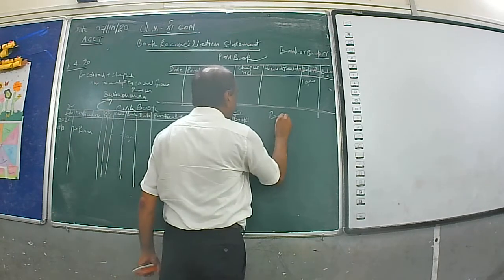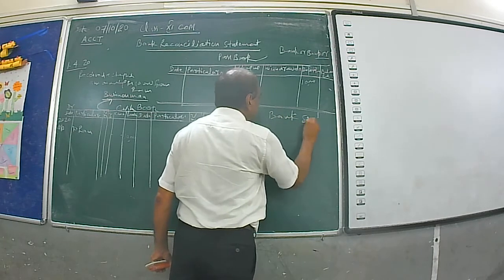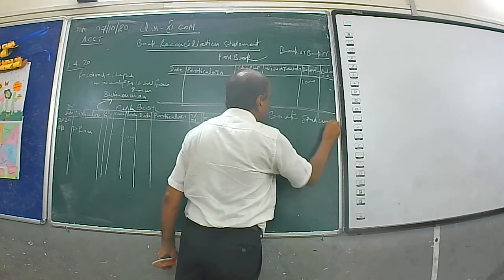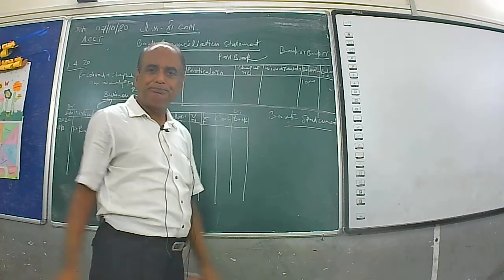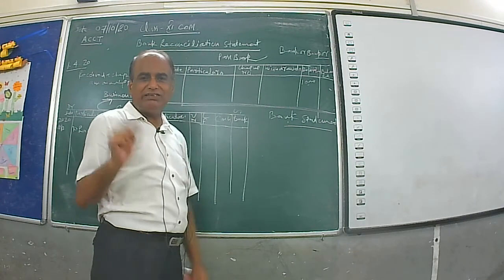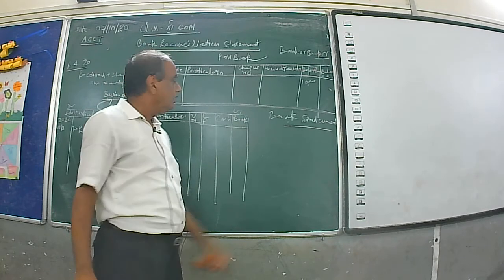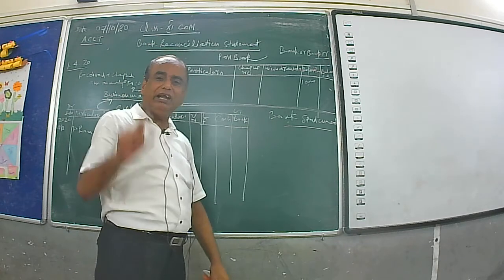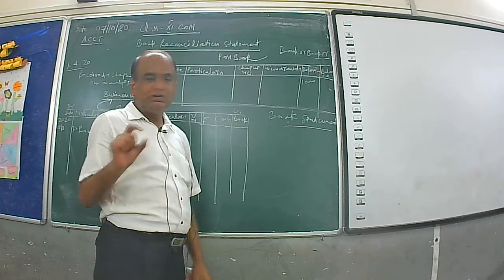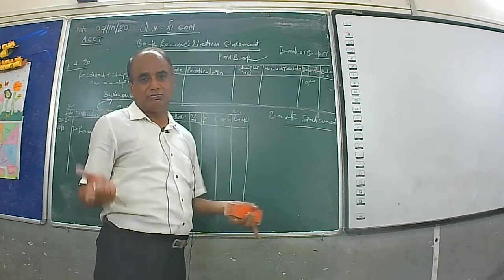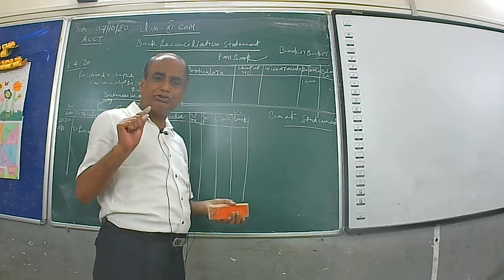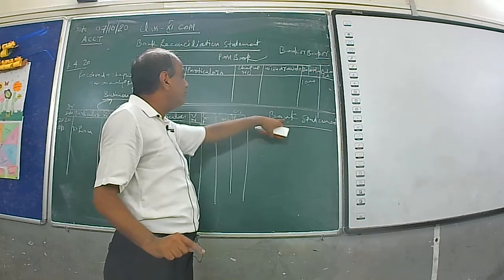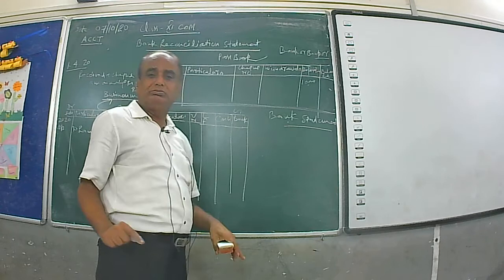Bank statement is just like a passbook. The basic difference is that the bank statement is in a loose form and passbook is in a book form. Otherwise, bank statement and passbook are both the same.